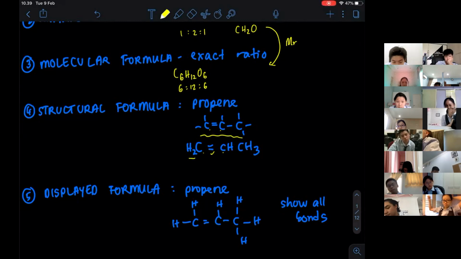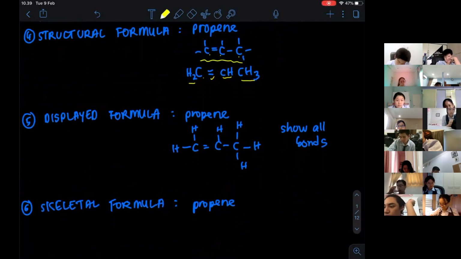This carbon has one hydrogen, so I put the one hydrogen over here. And this carbon has three hydrogens, so I put CH3 over there. Quite simple. This is structural formula. Even in your exam, when they ask you to draw structural formula, what they mean is just to write the structural formula. Please don't get confused.